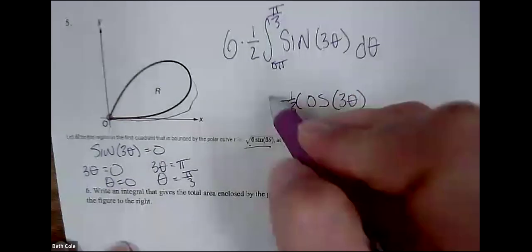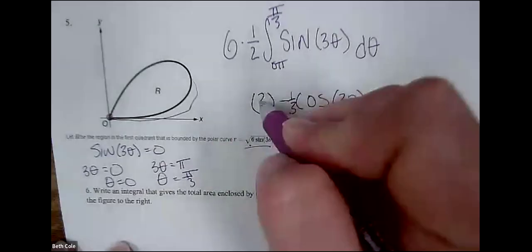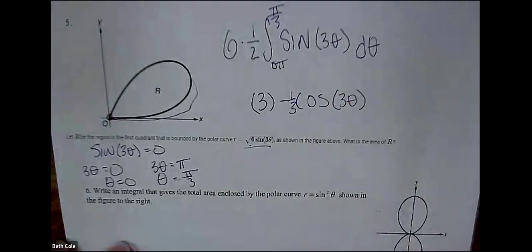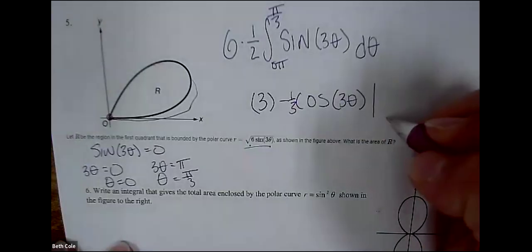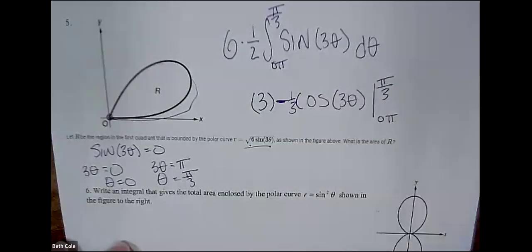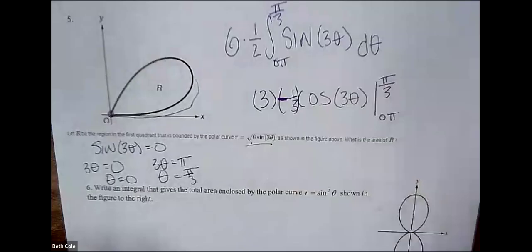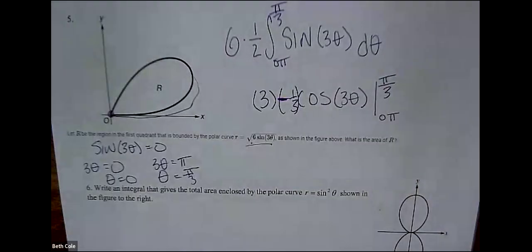Now, what's really nice about this, though, is what's in front of this? Half of 6 is 3, and so those are going to just divide out anyway. And then this is such that it is a negative 1/3. Your antiderivative of sine is negative cosine. I should put it in parentheses. Give it another hug. So the 3 and the 1/3 divide out. It's really just negative cosine, right?